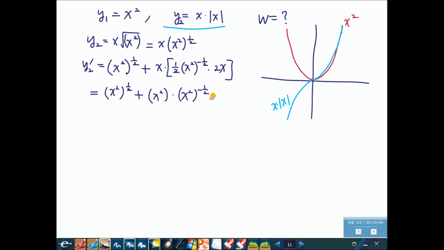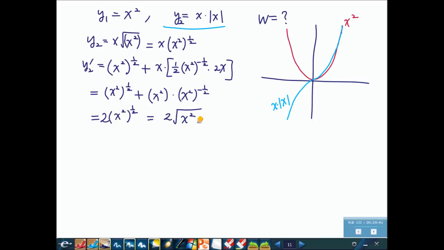The key is we're keeping x squared because it's always done first, so we keep it until the end. So that's x squared to the 1/2, and we have two of them. Mathematically, this is it.